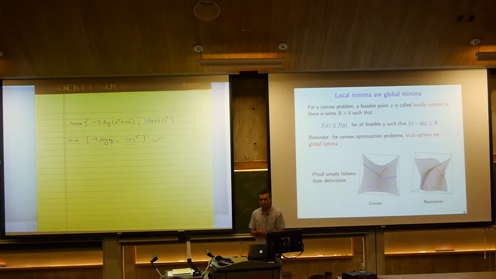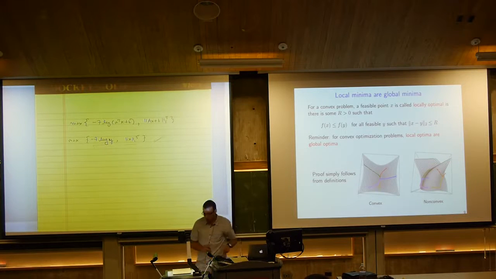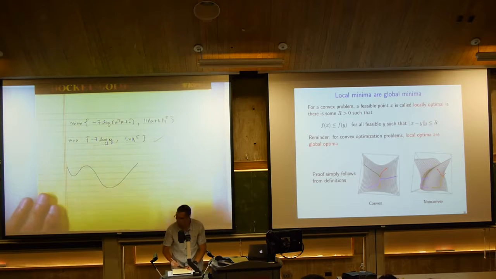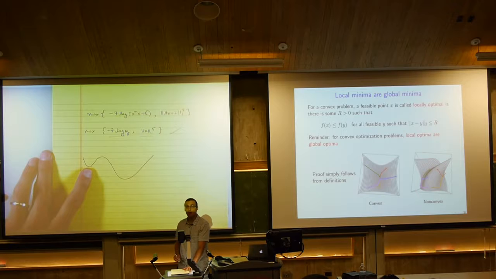In a sense that means that if you have a point that's locally optimal, it must be globally optimal. That doesn't mean that there's only one solution. There could still be multiple solutions to a convex optimization problem. We can't have a point being locally optimal but not globally optimal, but it doesn't mean the solution is unique.